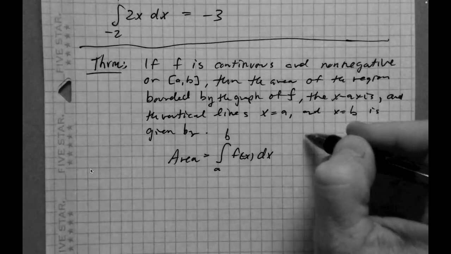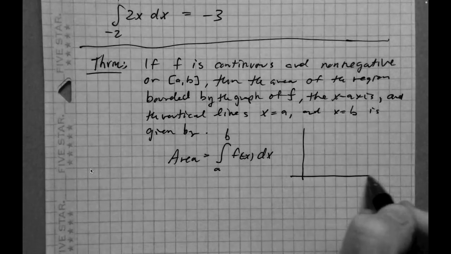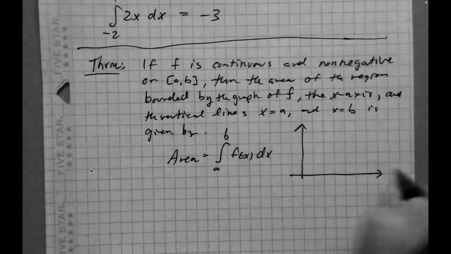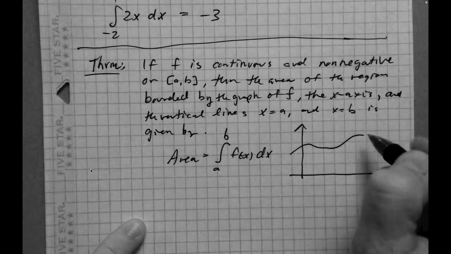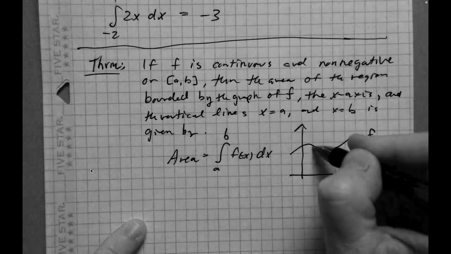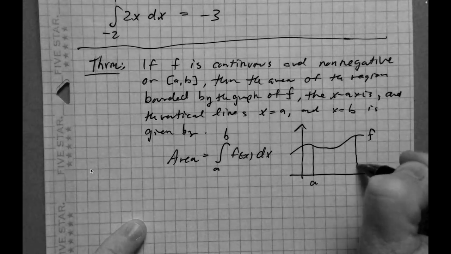Very good. So in a picture, that basically means this: I've got some function f, I've got some a, I've got some b.